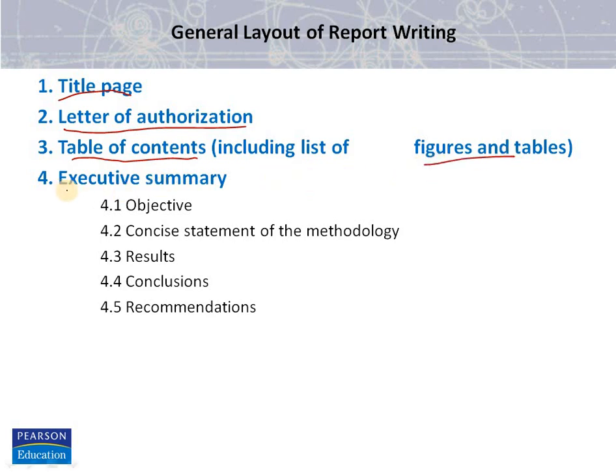Then the fourth point is the executive summary, which is a one-page summary with a length of 250 to 300 words. But this executive summary should compile the whole report. It must include the objective, a concise statement of methodology, results, conclusions, and recommendations. So all these parameters should be included in the executive summary.